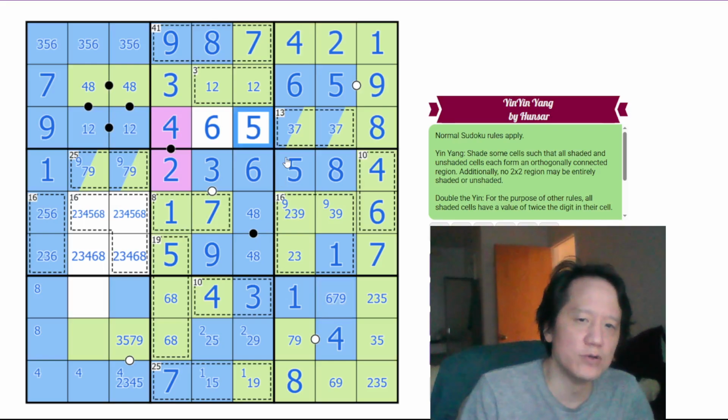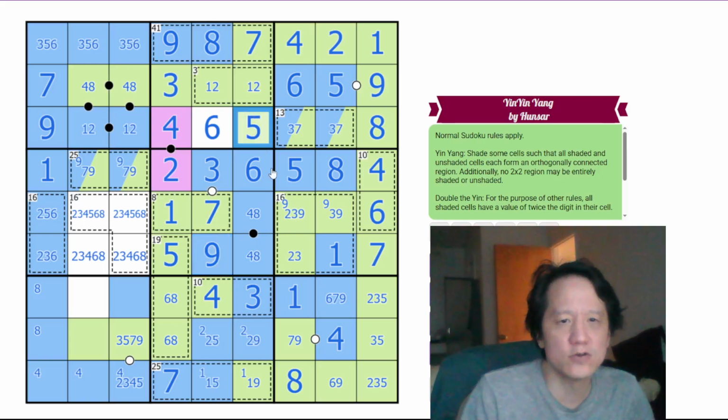If this is blue, this 2x2 area would have 3 blues, so this would have to be green, but you'd have that deadly pattern, so this cannot be blue. This is green. Since this is green, this has to be blue here. This cannot be 2 blues.